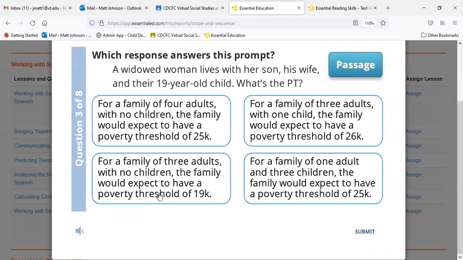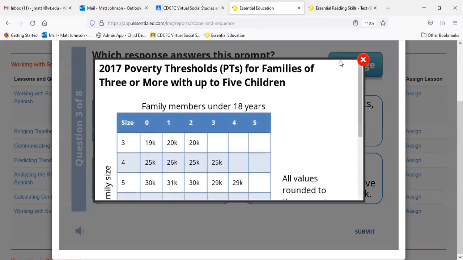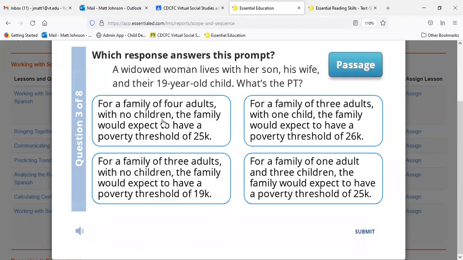Okay, a widowed woman lives with her son, right? So we're back to the poverty threshold questions. You can even kind of count on your fingers, right? A widowed woman, 1 adult, lives with her son, 1 adult, his wife, 1 adult, and their 19-year-old child, another adult. Household of 4, no children.